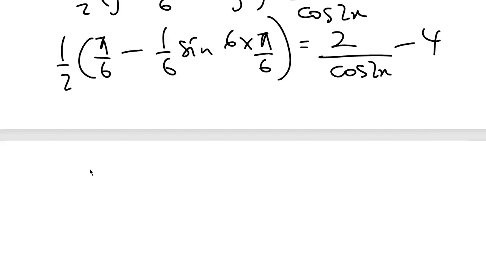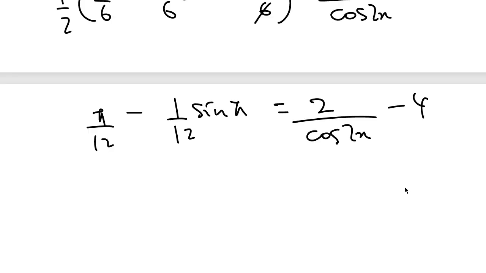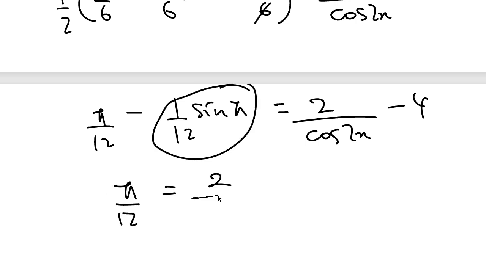So pi over 6 times 1 over 2 is pi over 12, negative 1 over 12 sine pi, is equal to 2 over cos 2x negative 4. The sine of pi is 0, so all this here is 0. So what we have is pi over 12 equal to 2 over cos 2x negative 4.